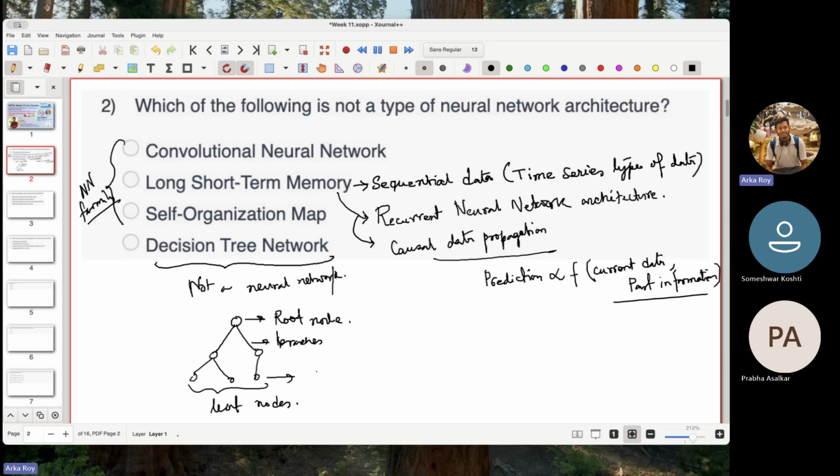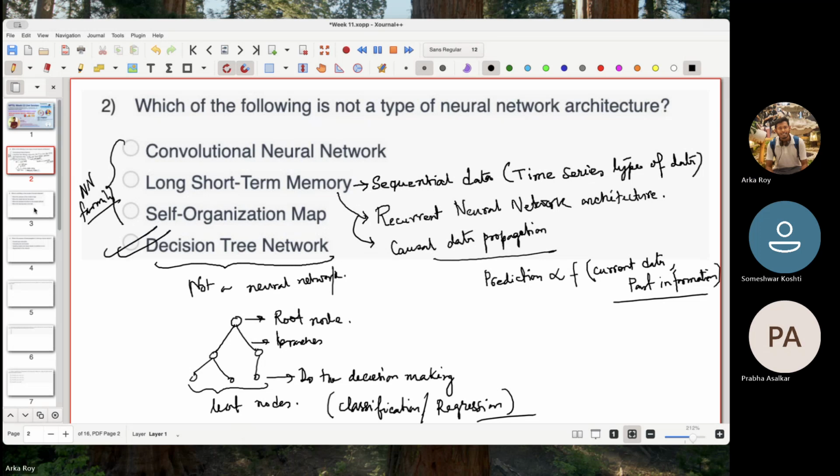Here you do the decision making, which may be either classification or regression. So the decision tree is not a neural network architecture.